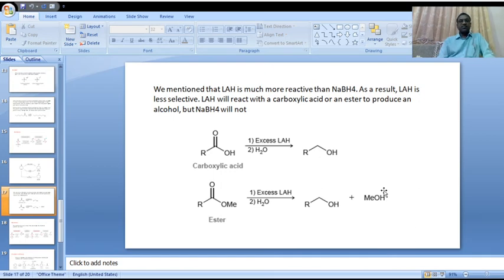Here we mentioned that LAH is much more reactive than sodium borohydride. LAH is generally more reactive, a stronger reducing agent when compared with sodium borohydride.